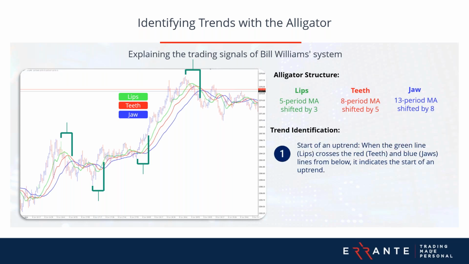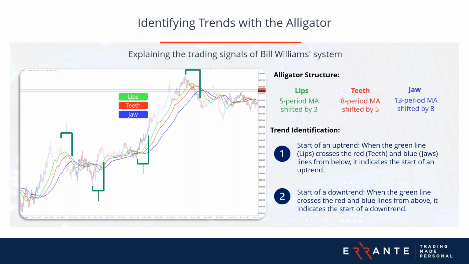And we can use the alligator for trend identification. We explained that an uptrend starts when the lips cross the teeth and jaw from below, while a downtrend starts when the lips cross the teeth and jaw from above. And here are some examples.